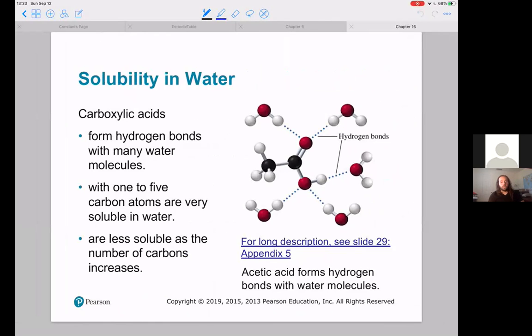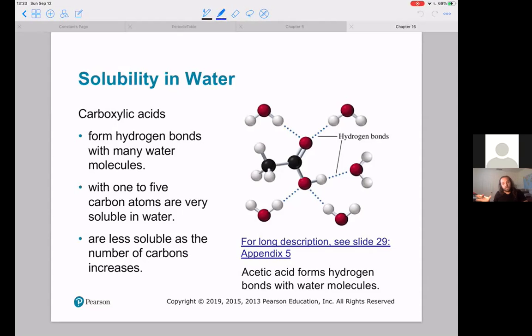And when it comes to solubility in water, we have that same concept of hydrogen bonding. That's going to lead to small carboxylic acids being very soluble in water. That trend decreases as the carbon chain gets longer and longer. As the non-polar back half of the molecule gets larger, the solubility will decrease.